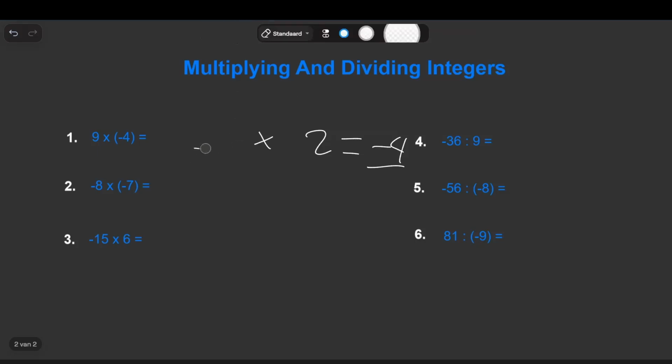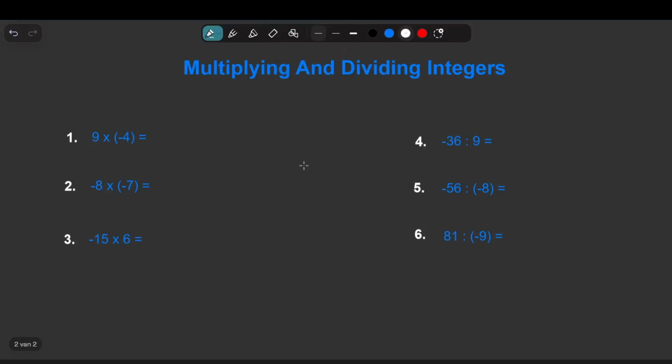So let's get rid of this and then we can start. Once you know whether the answer is positive or negative, simply multiply or divide the numbers like you normally would. Now let's start with our problems.